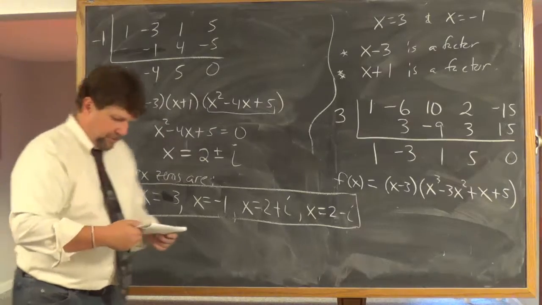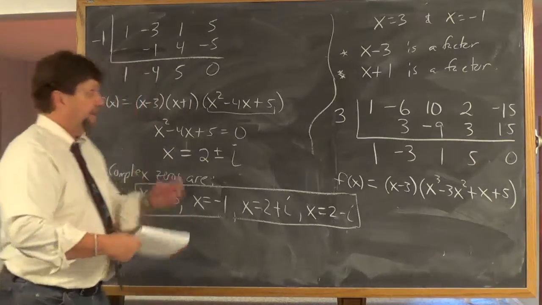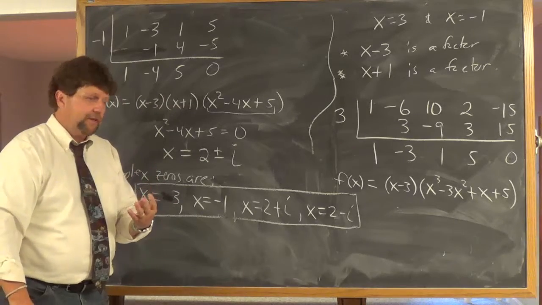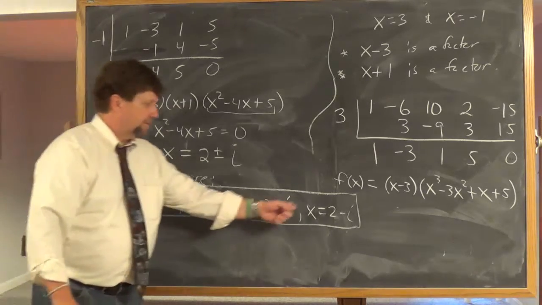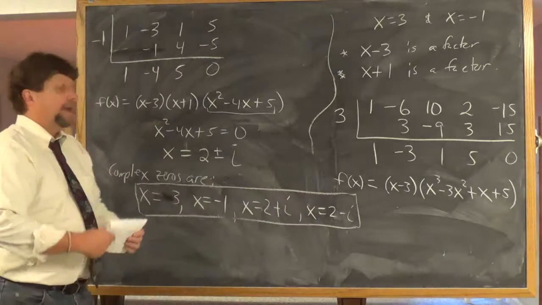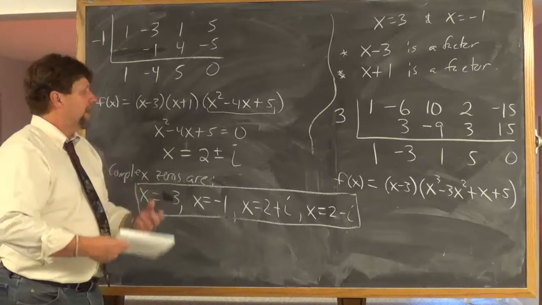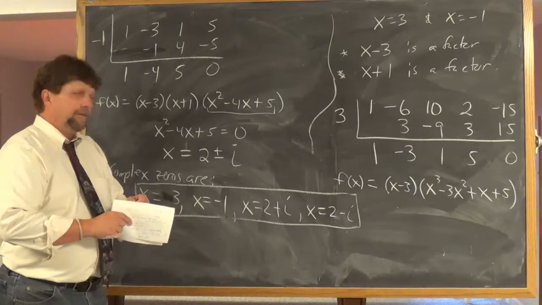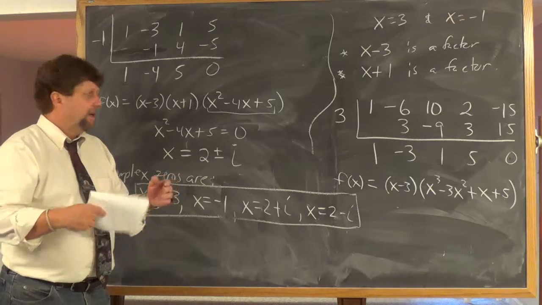There are 4 total zeros there. That's how many we expected to see: 1, 2, 3, 4.